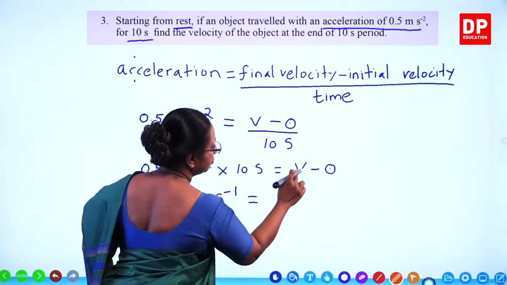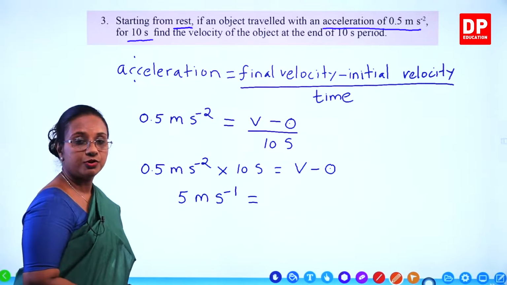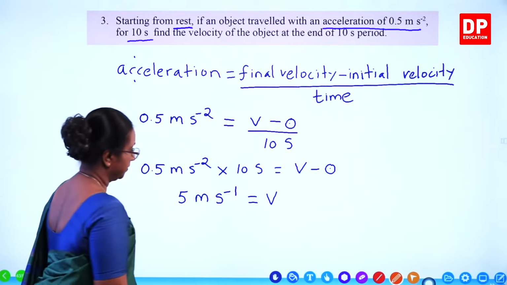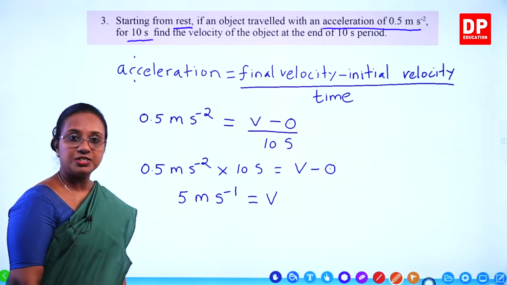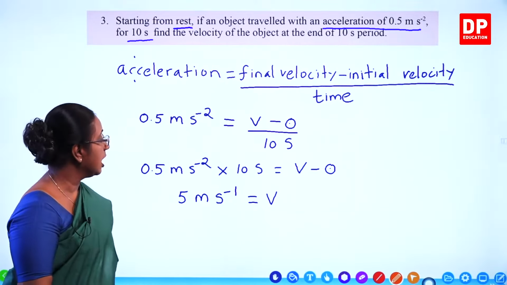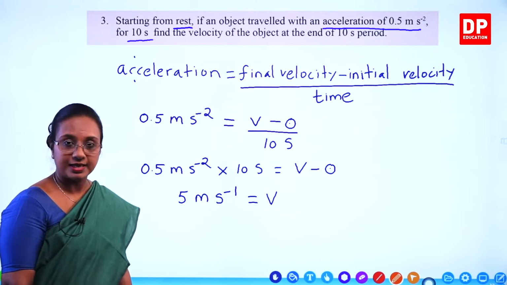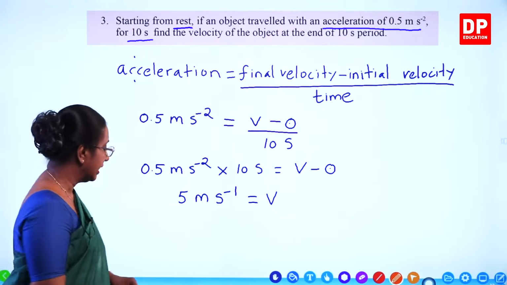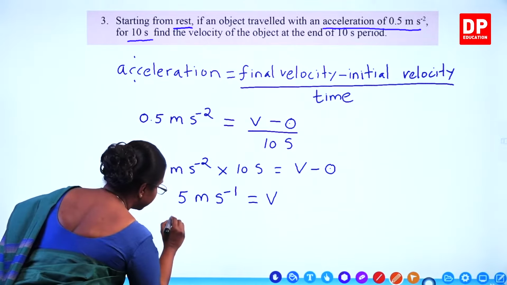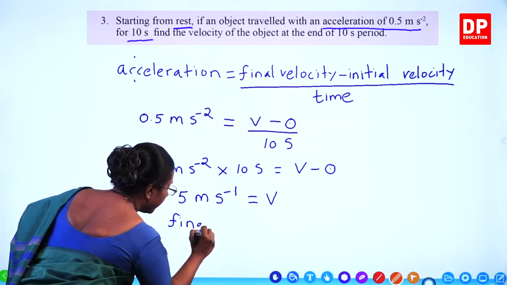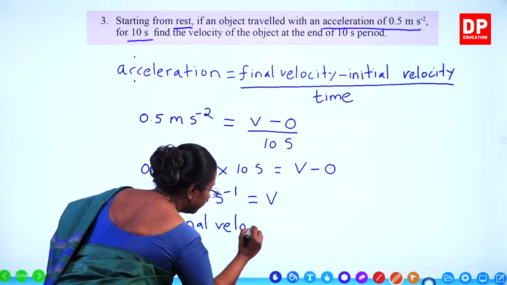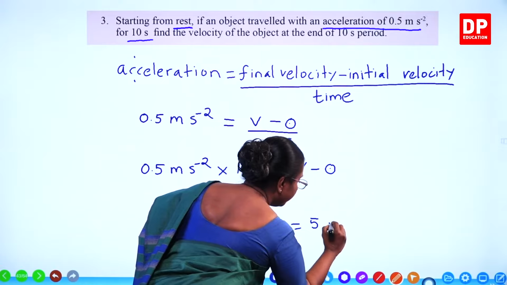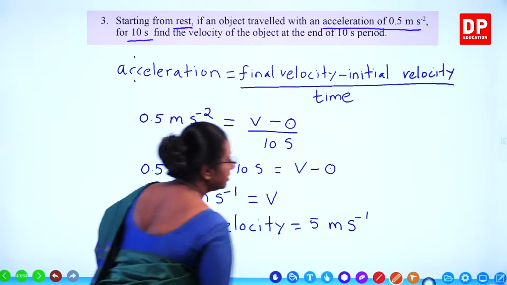That is equal to V minus 0. So that will be the velocity V. So the final velocity of the object will be 5 meters per second. When you are answering the question, to make it more clear, we can rewrite the answer as final velocity equals 5 meters per second.